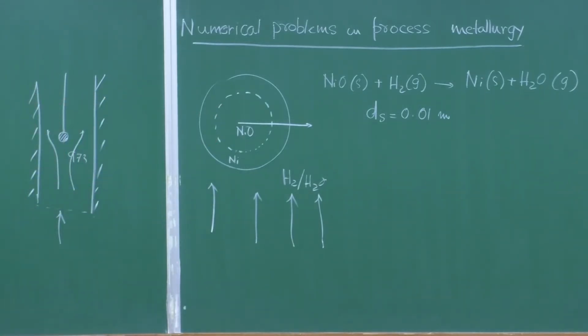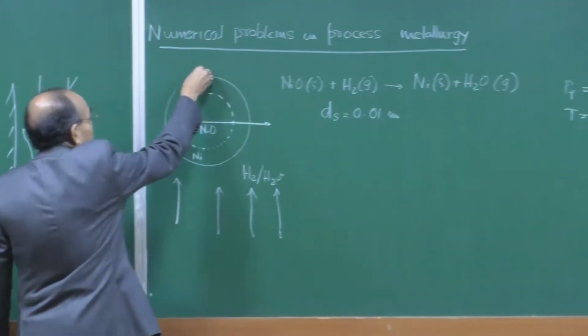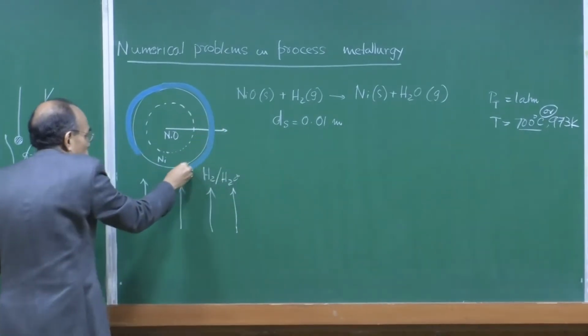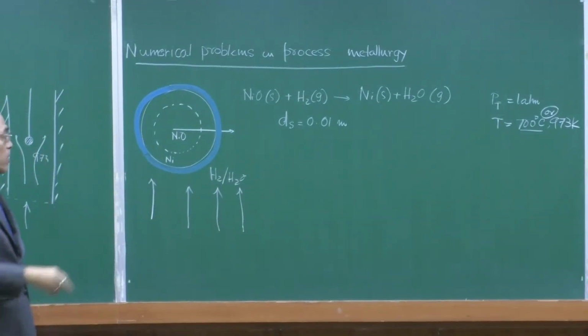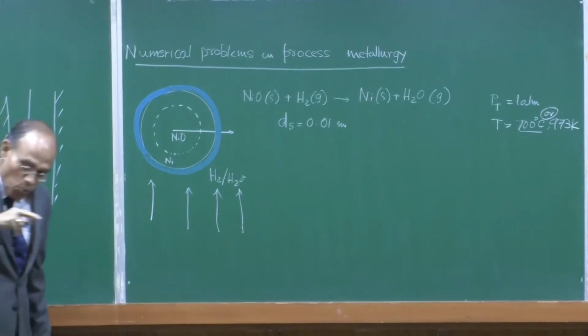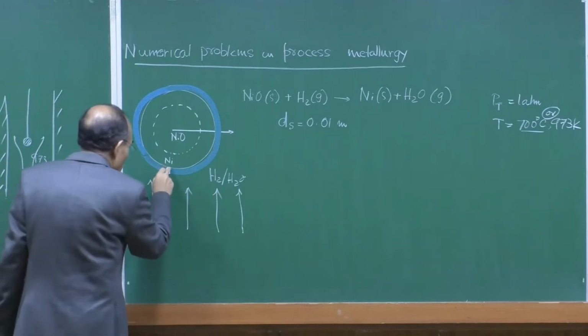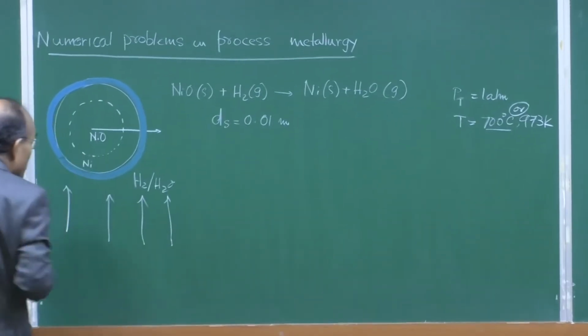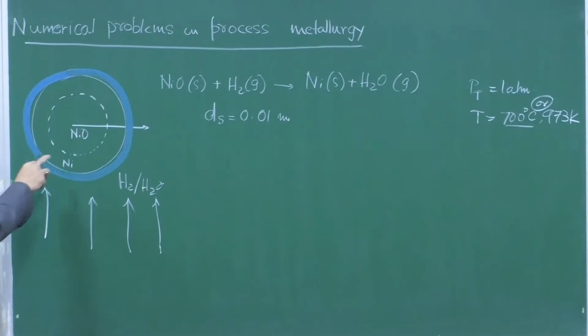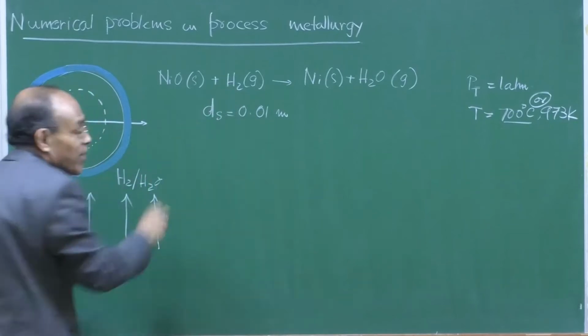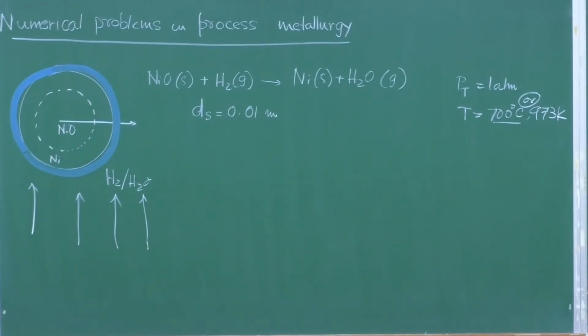Now, as far as this problem is concerned, you must be knowing this from your basic knowledge of kinetics, that there is a concentration boundary layer, which can be the rate determining step, or the diffusion through the solid porous nickel could be rate limiting, or the chemical reaction which is taking place at the interface, because you can resolve the entire process, although you look at it as a chemical reaction, into 5 different kinetic steps. Okay? And this you must be knowing.